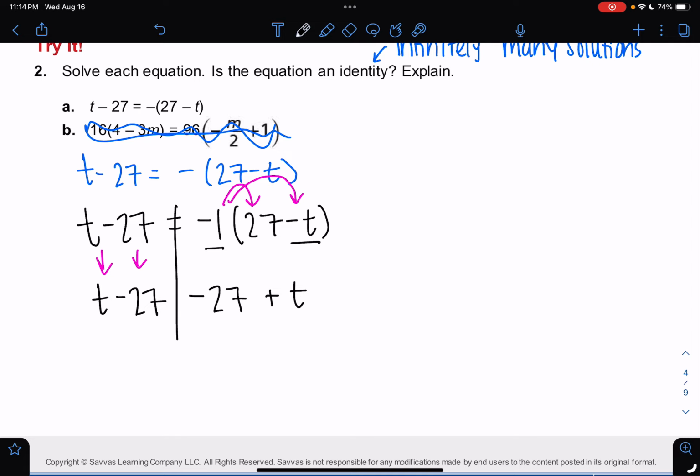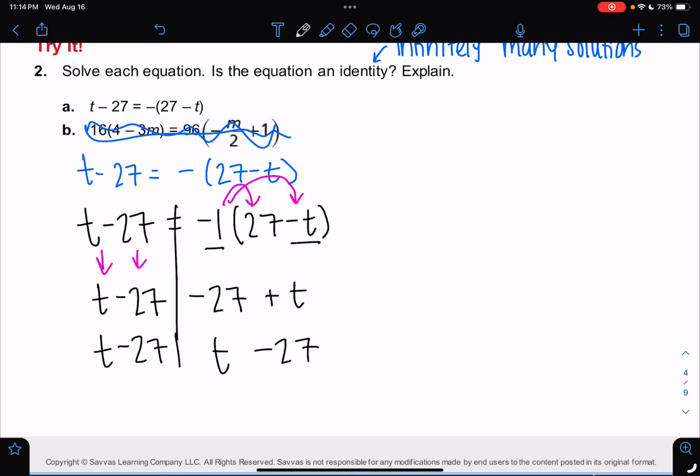All right, so I know for a fact that I can rewrite the right side. I can put my variable term first because I'm using addition, so I can change the order. I can go ahead and do that to make it a little easier for us to see. So I'll have a positive t and a -27. Yes, I still got that. That's still equal. And I'm just going to bring down the other side.